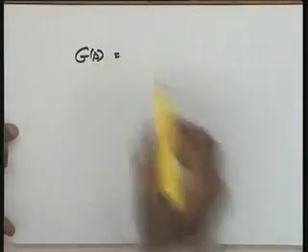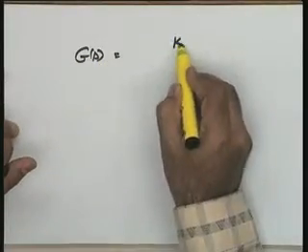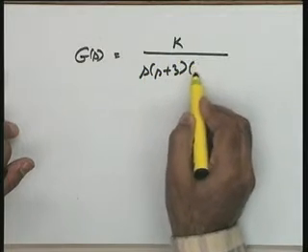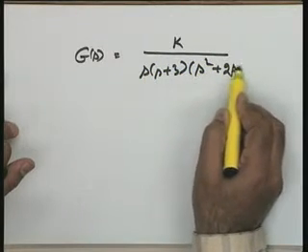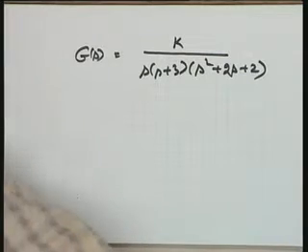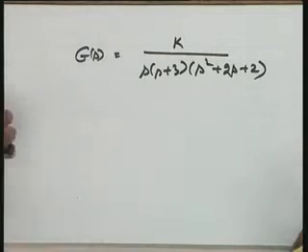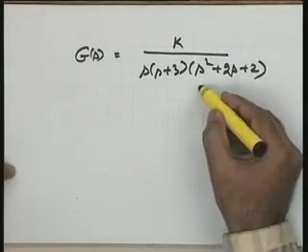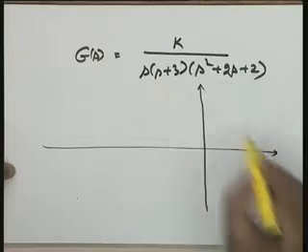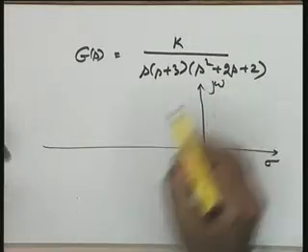This example is, given a unity feedback system with open loop transfer function k over s into (s plus 3) into (s squared plus 2s plus 2). This is the example, please. Apply all the rules on this example and let us see what type of root locus we get. So, the first step, take the open loop poles and zeros on the s plane.